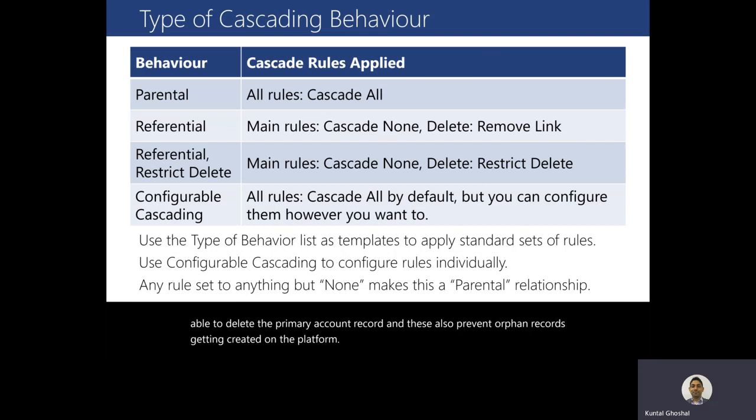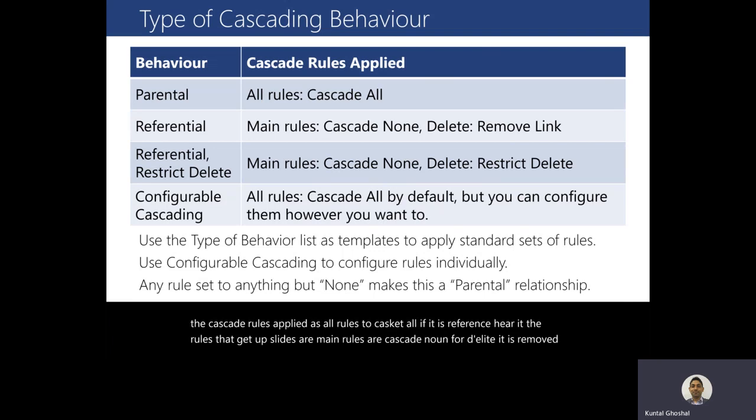So these are some of the types of cascading behavior. If it is parental, all rules apply: cascade all. If it is referential, the main rules applied are cascade none, for delete it is remove link.